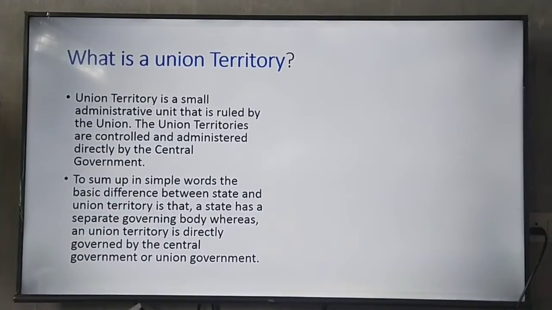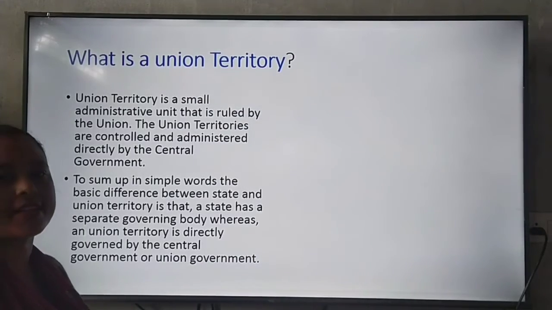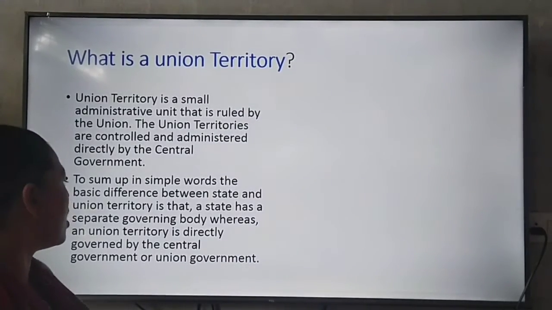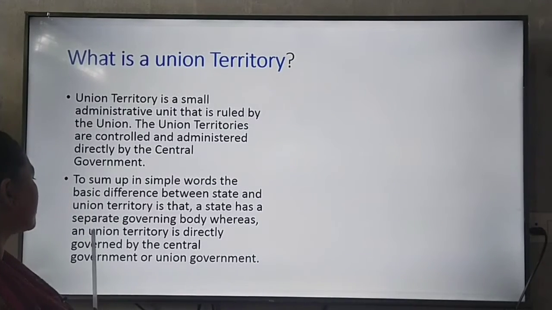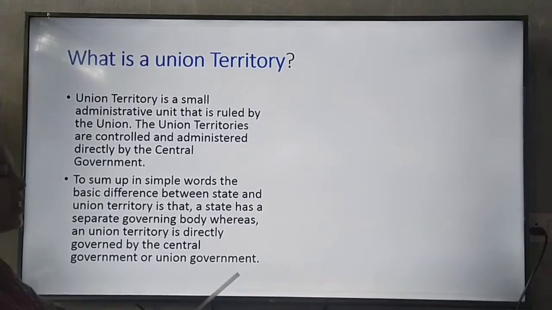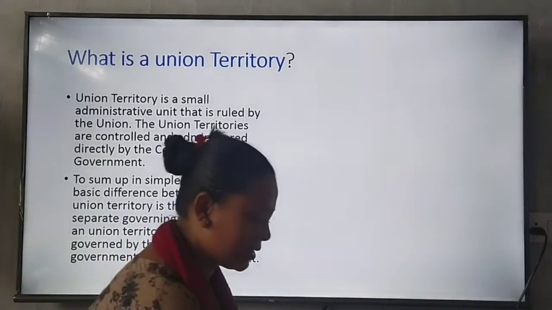State has its own government. And the basic difference between state and union territory is that a state has a separate governing body, or separate government, whereas union territory is directly governed by the central or union government.